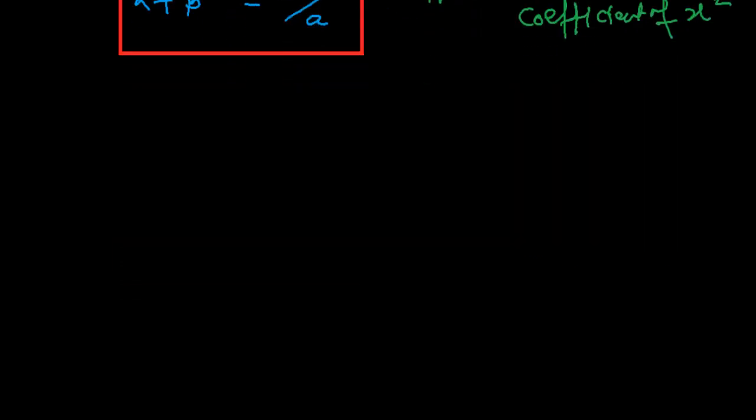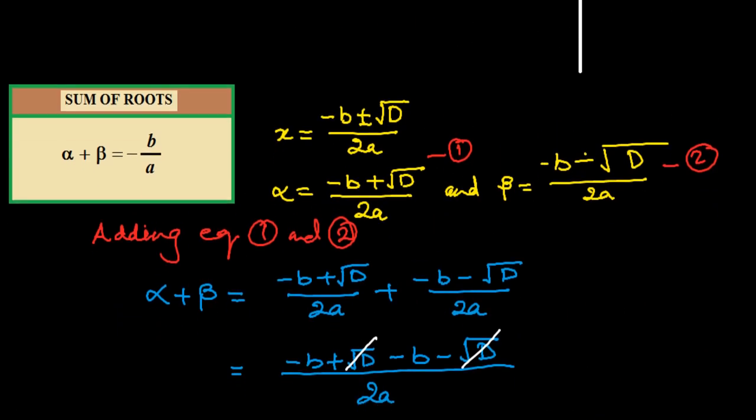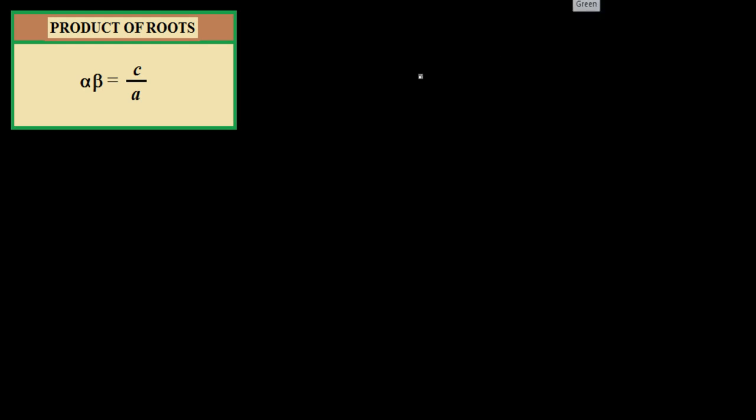Now we study the product of the roots. Now you see that we are studying the product of roots. Alpha into beta is equal to c over a. So we start with, we know that x is equal to minus b plus minus square root of b square minus 4ac over 2a, which is our formula for the quadratic equation.